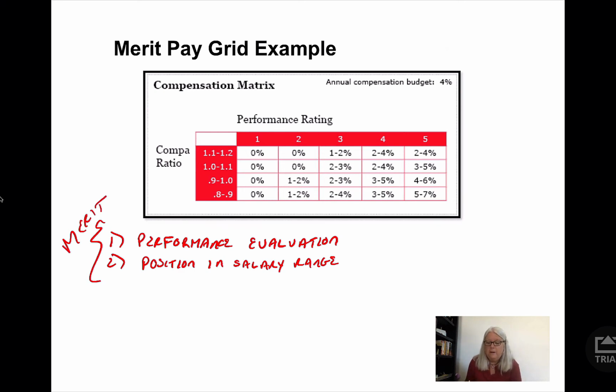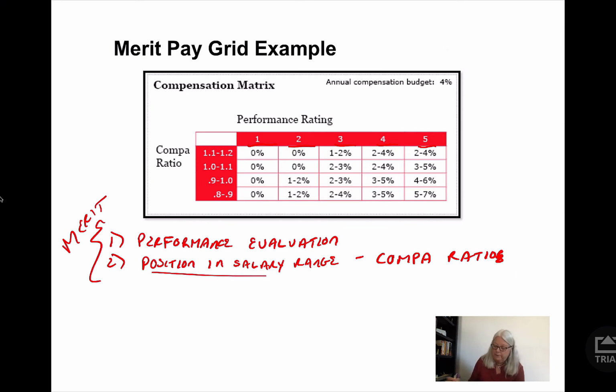So the first thing we need to do, of course, we have their performance rating. You can see this chart, 1, 2, 3, 4, 5. Then we have to calculate their position in the salary range. And that's called a compa ratio, which just indicates where they are in the salary structure.